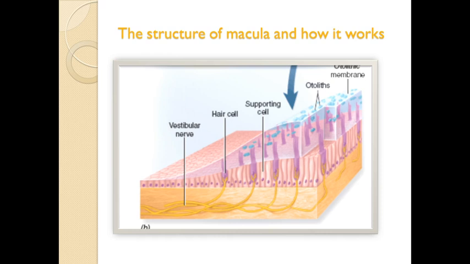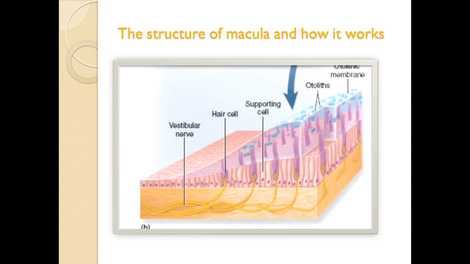Now when the functioning is considered, macula is responsible for linear movements, and cupula is responsible for angular movements. So in macula, when the head is tilted or linearly moved in a particular direction, these otoliths also move in the same direction, and then the hairs of the sensory hair cells also move in that same direction of body movement.